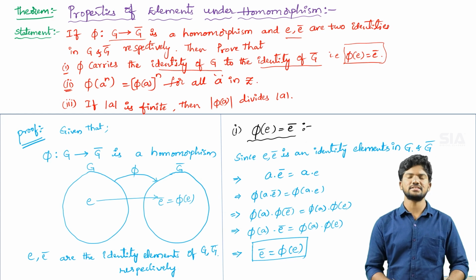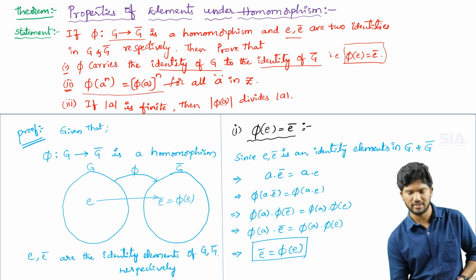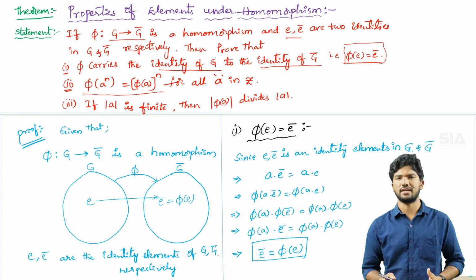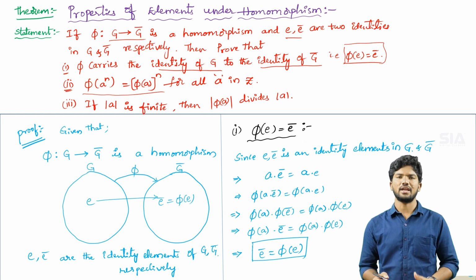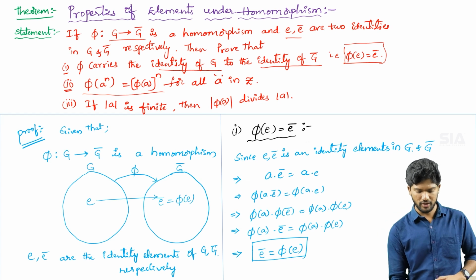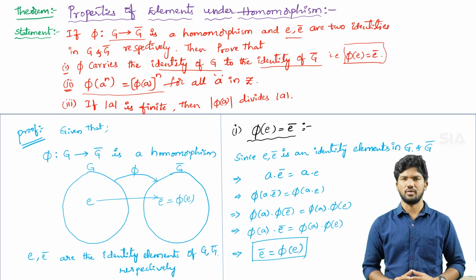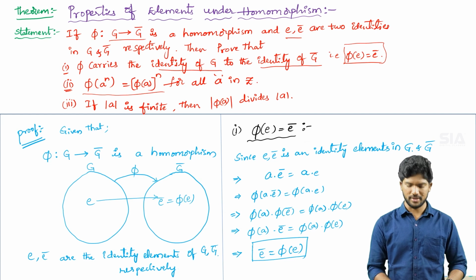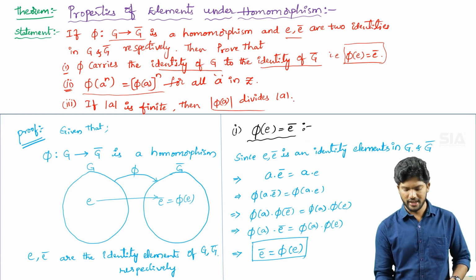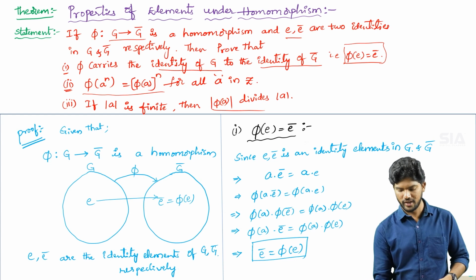The second condition is phi of a power n is equal to phi of a, whole power n, for all a belongs to capital G and n belongs to Z. The third condition: if the order of a is finite, the order of the element in a group, then the order of phi of a divides the order of a. What is phi of a?